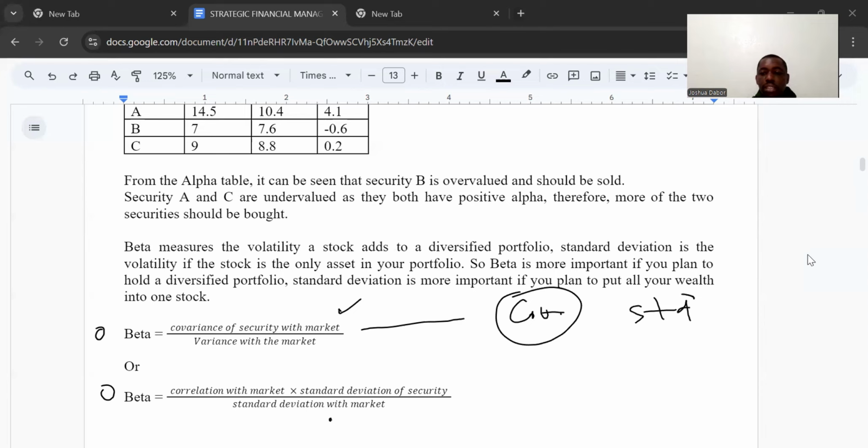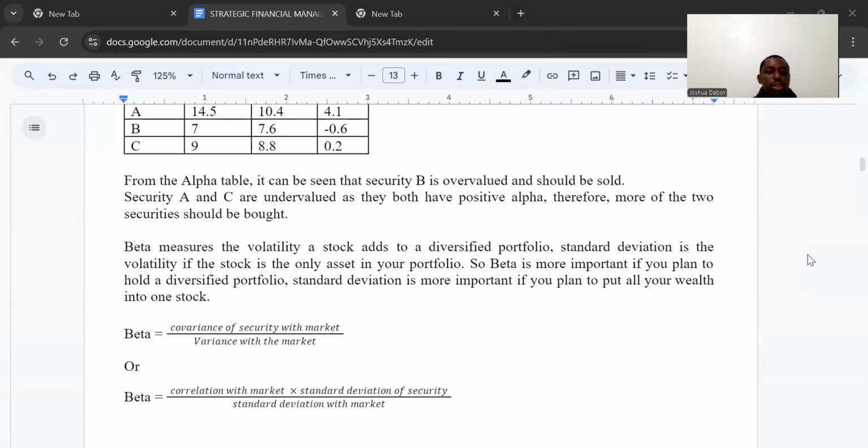So you have to convert the standard deviation to variance and use Formula 1. So the formula is simple. If the numerator is covariance, you know that the denominator will be variance. Okay, that's for Formula 1. Anytime you see covariance, you know that you are using it with variance. That's for Formula 1.